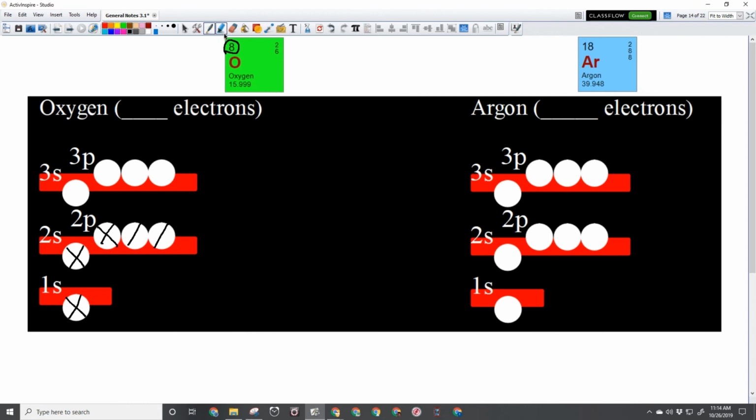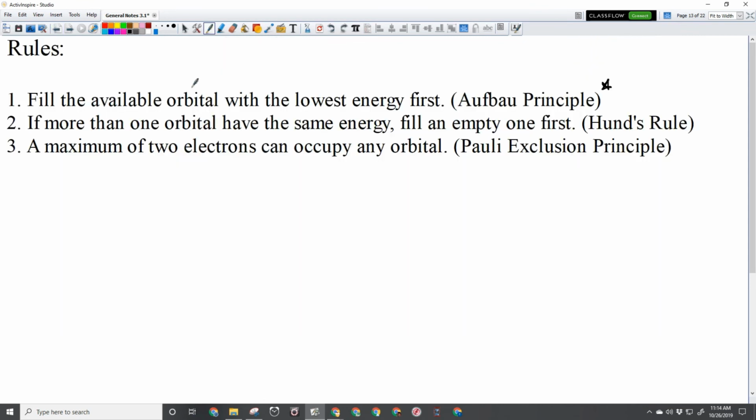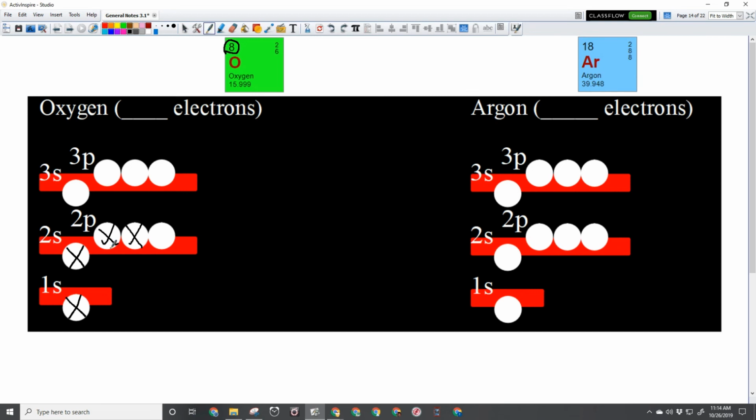Okay, so it would be incorrect if we did 1, 2, 3, 4, 5, 6, 7, 8 like that. Okay, so that's breaking Hund's rule, where it says we have to add 1 electron per orbital before we go back and add the second.